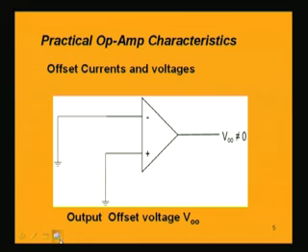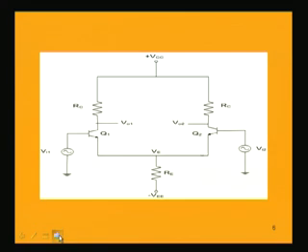And why is this happening? This is happening because of non-matching of the transistors in the differential amplifier. If we consider the differential amplifier circuit again, we see that the two transistors Q1 and Q2 are connected to the same resistances RC.